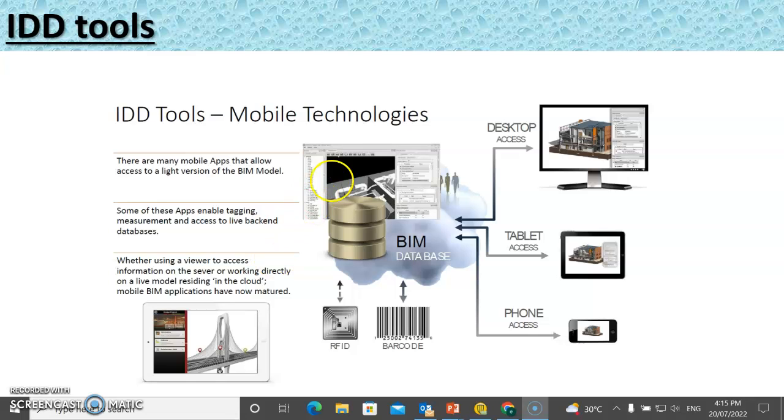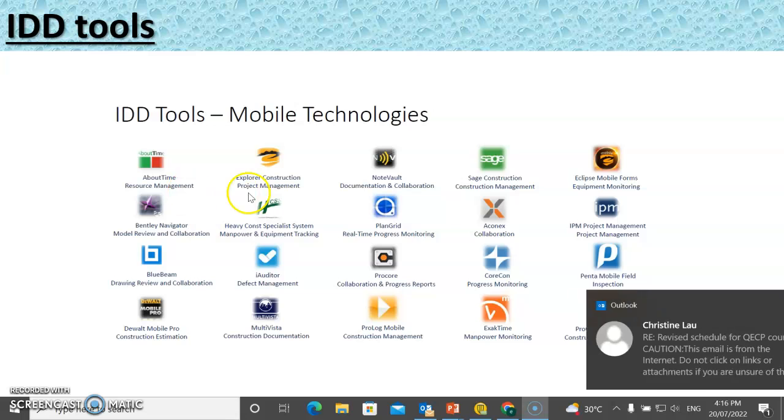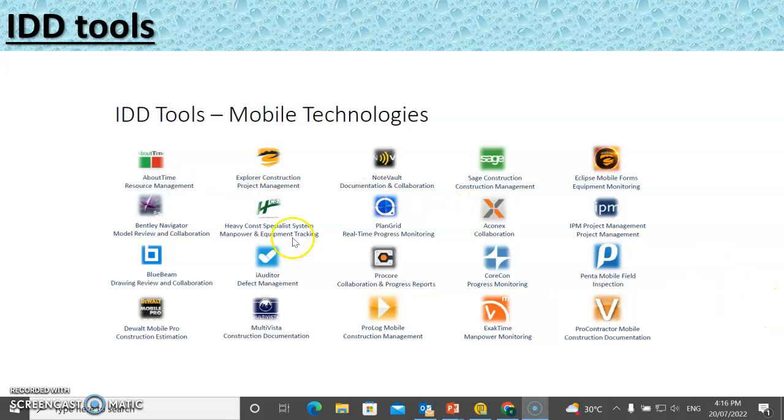So the technology typically involves either the RFID system or barcode system. This slide here shows you some of the different apps that can be downloaded. Some apps are freeware, some you have to pay subscription, and it shows you the different types of attributes that can be used on these apps.